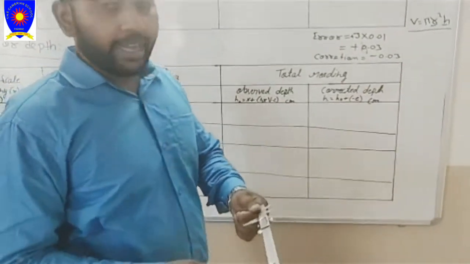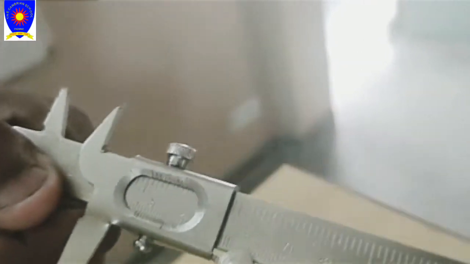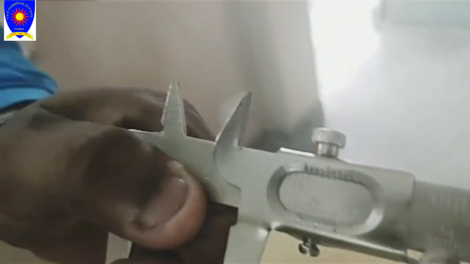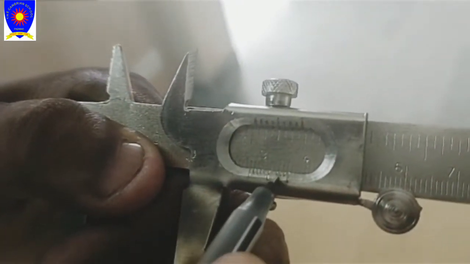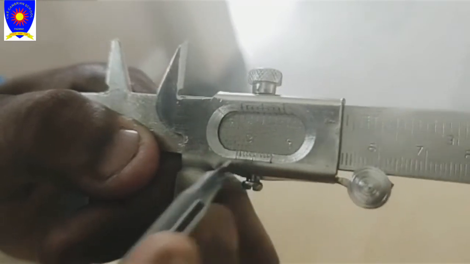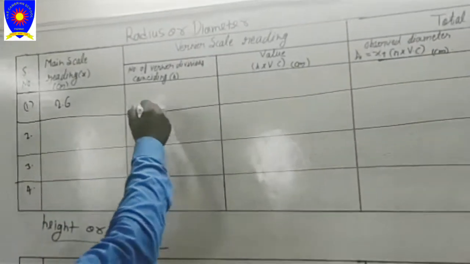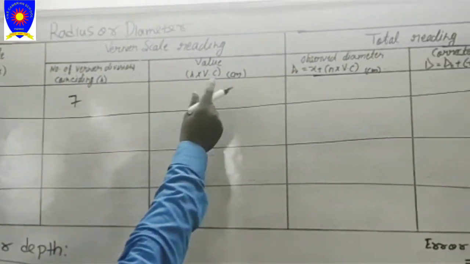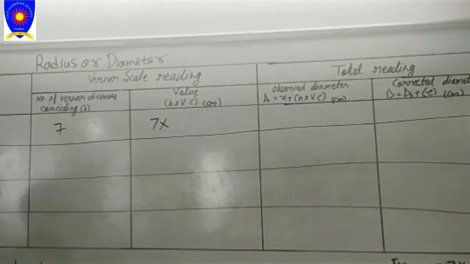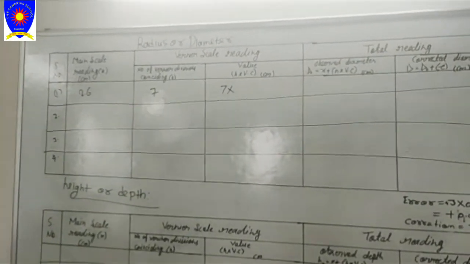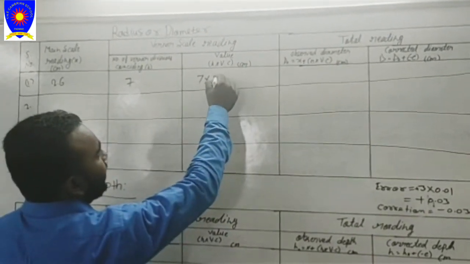Now again check its main scale and vernier scale coinciding division. We see that its 7th division is coinciding with the main scale. So write here 7. Now calculate it. The value is n, the coinciding division, into the vernier constant. Vernier constant means the least count of the vernier caliper. So write here 0.01.